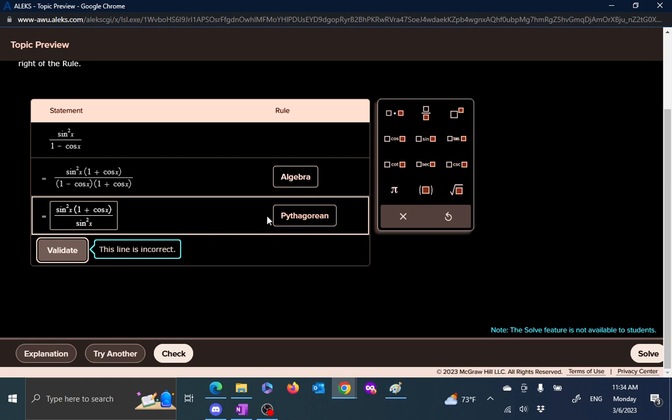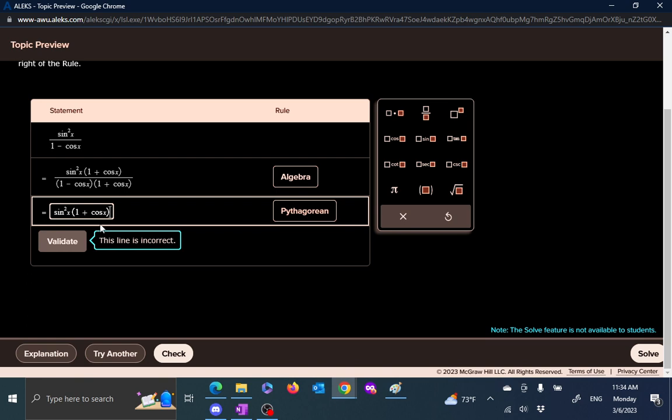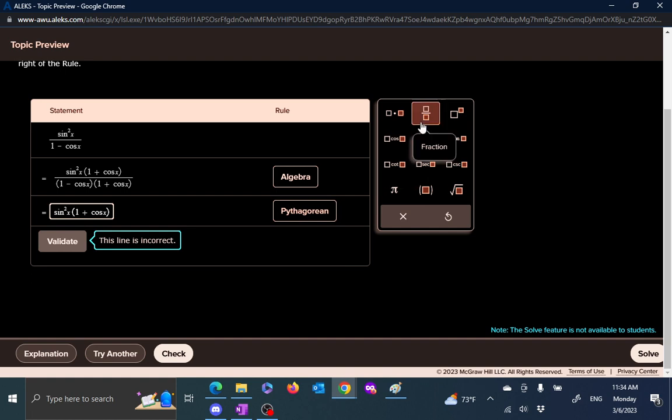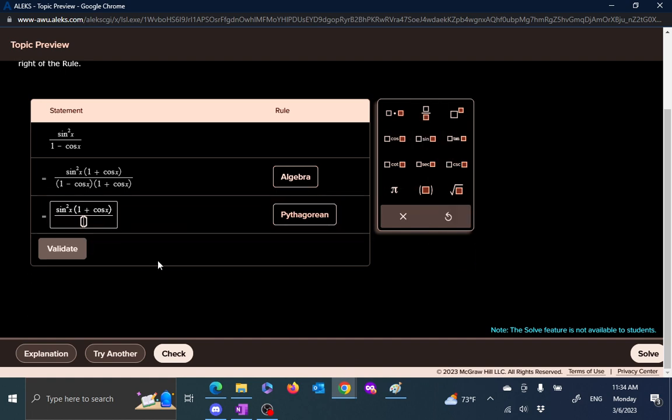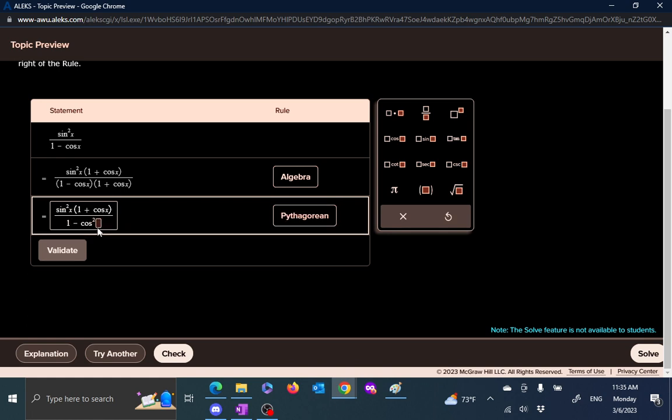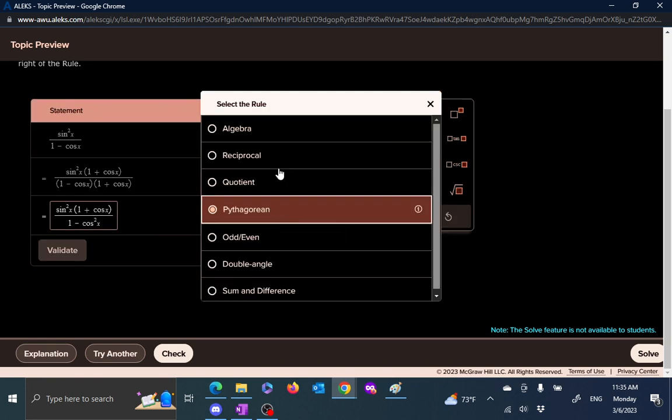Oh, we were maybe premature, so let's go back. So that's the problem of too many things at the same time. So let's see. I have to write 1 minus cosine square of x, so that's another algebra.